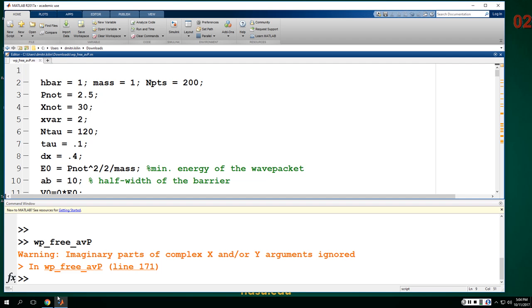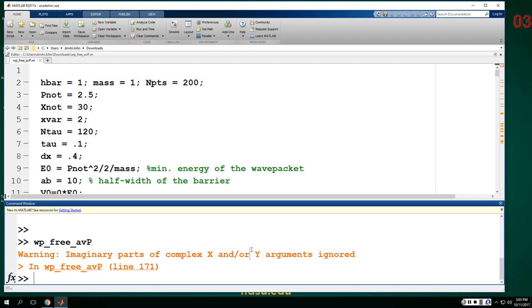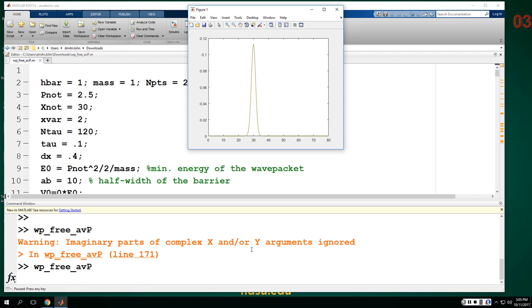So let's run it and see what happens. After you have this image popping up, you can click enter and see what happens.